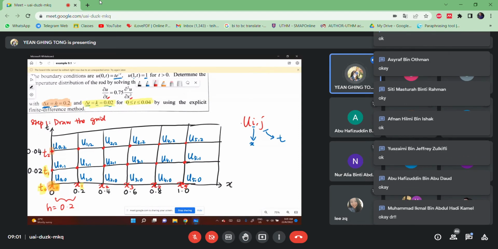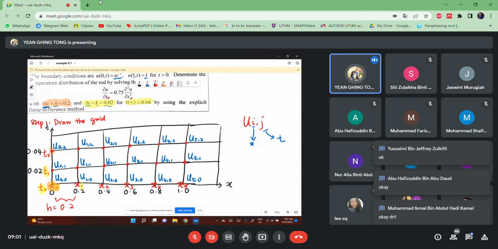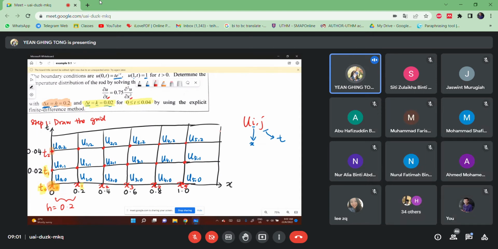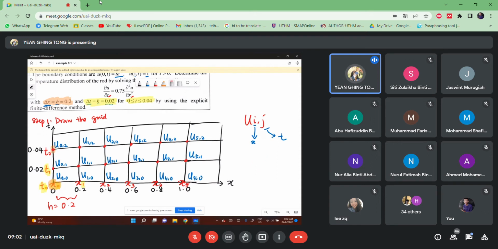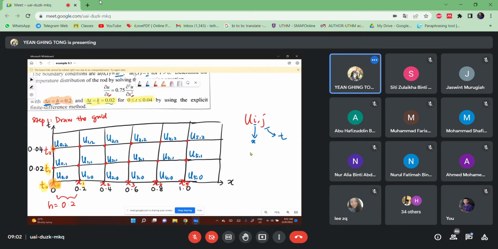Okay, so we continue. Now we already draw the grid. We already name the coordinate, name all the grid point. Okay, and then after that, we have to consider the initial conditions. Wait, I move this one.